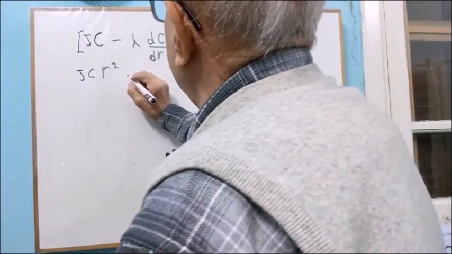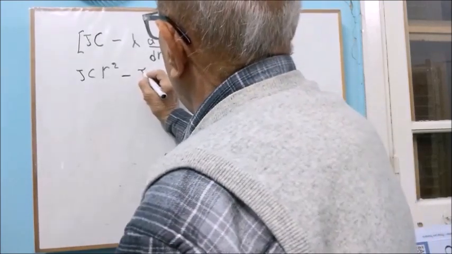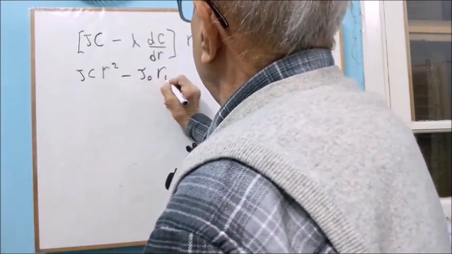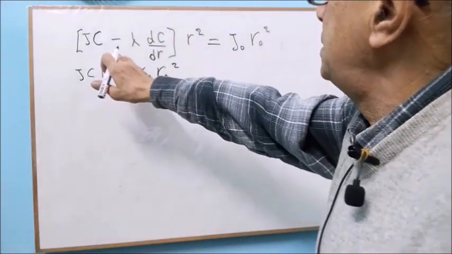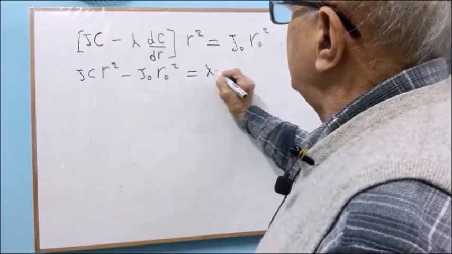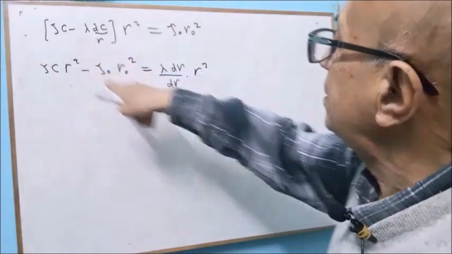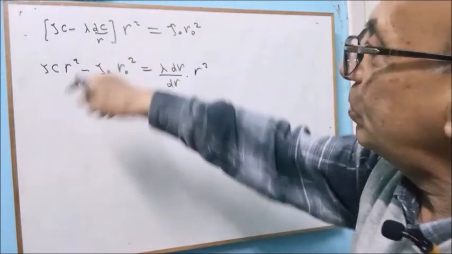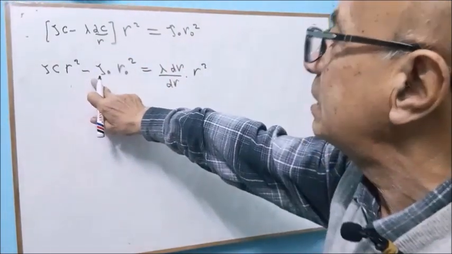So here, J r squared C minus J0 r0 squared. We transfer J0 r0 squared to this side, and it becomes negative, equals lambda dc by dr. Lambda dc by dr is transferred to the right hand side with positive sign, and J r squared is transferred to the left with negative sign.